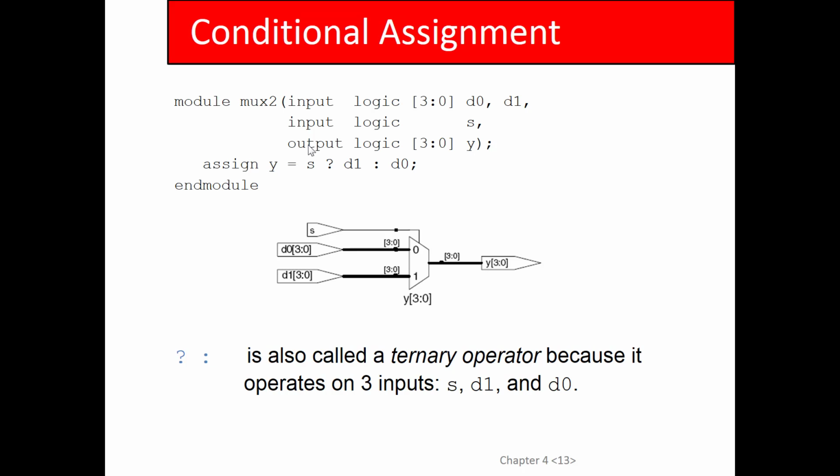And then you put the value if true, colon, and then the value if false. And then this whole thing together evaluates to either one of these two, depending on the condition. What is it called? It's called a ternary operator.